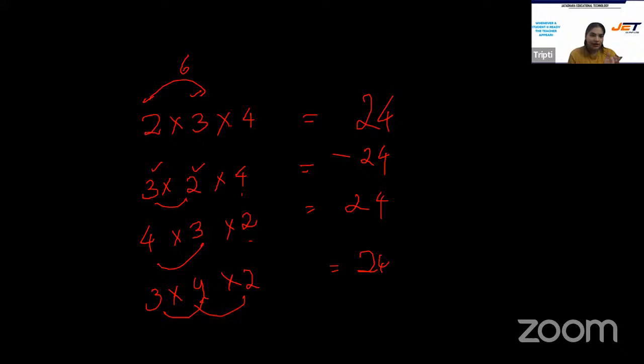Is there any other way in which you can arrange these numbers? So, it doesn't matter where the position of the numbers is. If you change the order of the numbers, the answer, the product, won't change. The answer of multiplication is called the product.